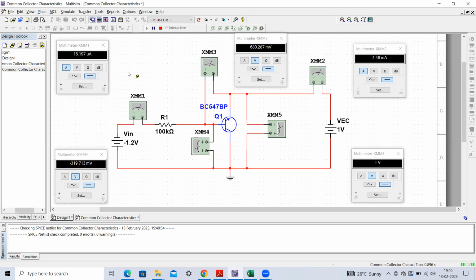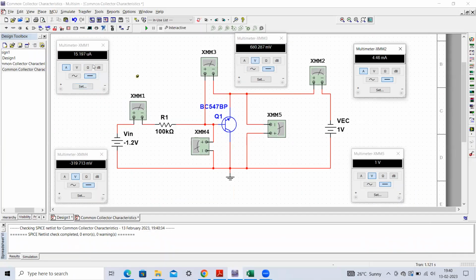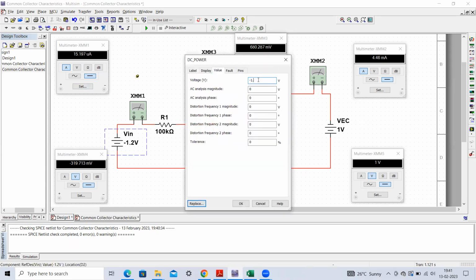What we have to do is again change this V input so that this current is brought back to 10 microamperes. If you make it minus 0.7, then your current will come back to 10 microamperes.